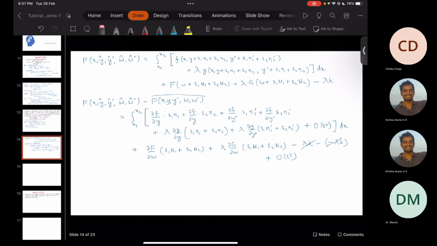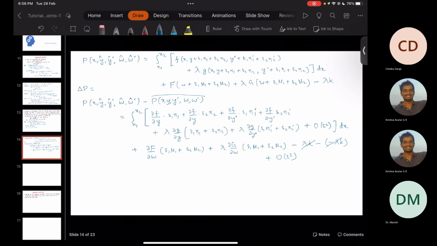So our problem has reduced to an extremization, a finite dimensional optimization problem. So what we start with first is, let's call this quantity delta p, if you call it like that.